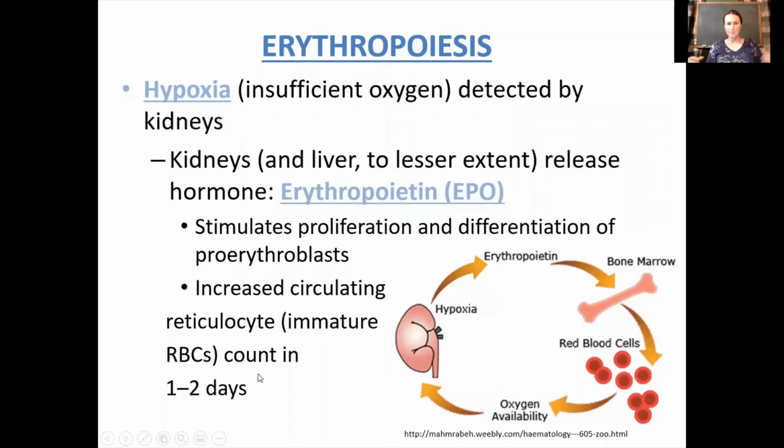And so erythropoiesis is happening constantly within our body, but it increases in response to what is called hypoxia. And note that hypoxia is blue and underlined, so this is a term that you should be familiar with for upcoming assessments. Hypoxia means insufficient oxygen, and this can be caused by all sorts of different things.